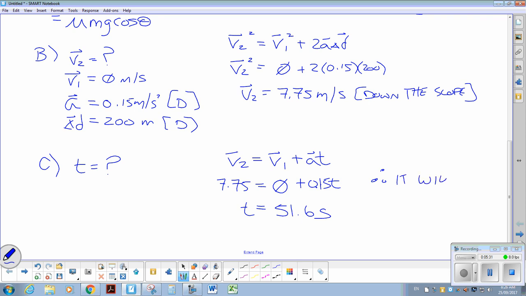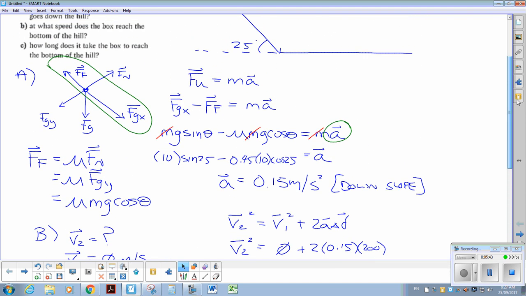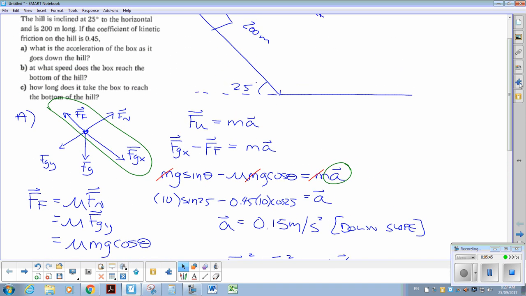All right. So there's how you would approach this particular question. I'm thinking that the first part, setting up your free body diagram, was the challenge in itself, and making sure your signs and cosines are proper and in the right direction.